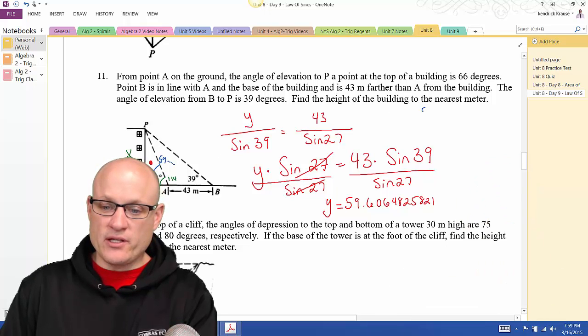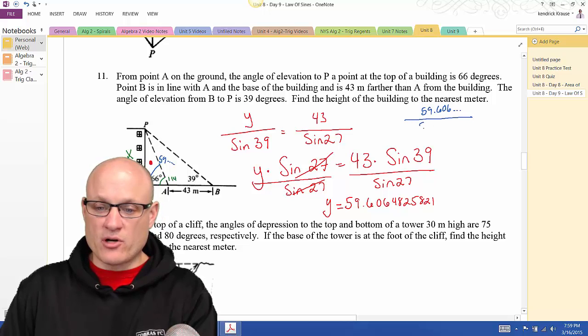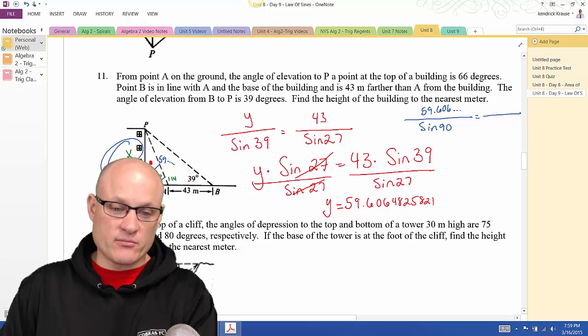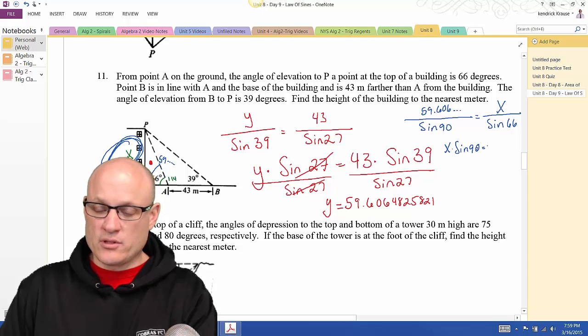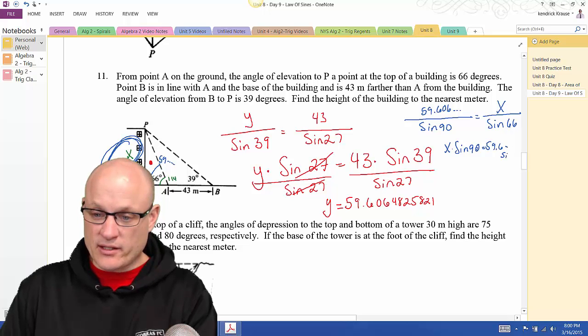So 59.606, going on forever, over sine of 90 is equal to x, my side x, over the sine of 66. Cross multiply, I get x times the sine of 90 is equal to 59.6 times the sine of 66.